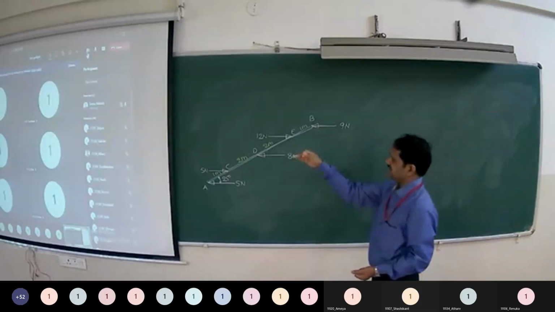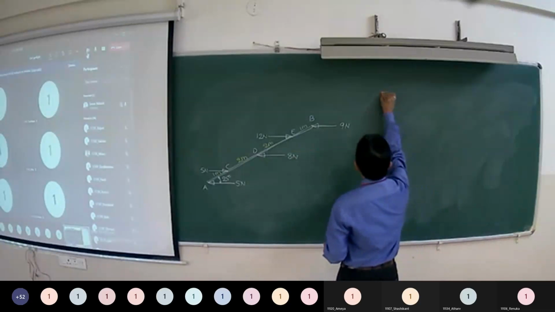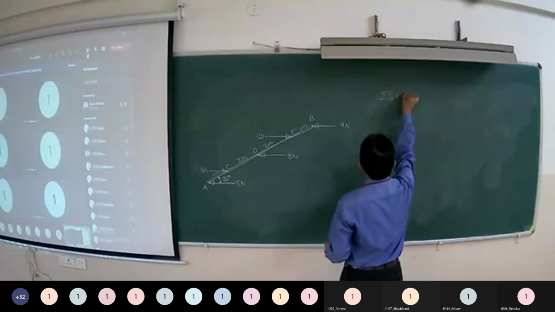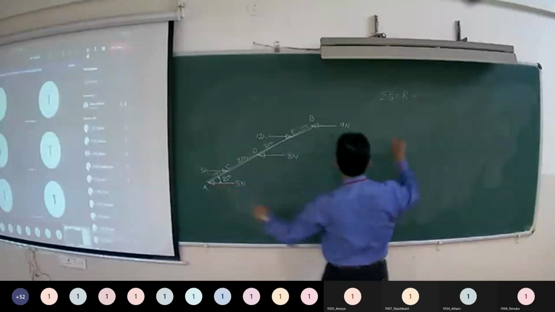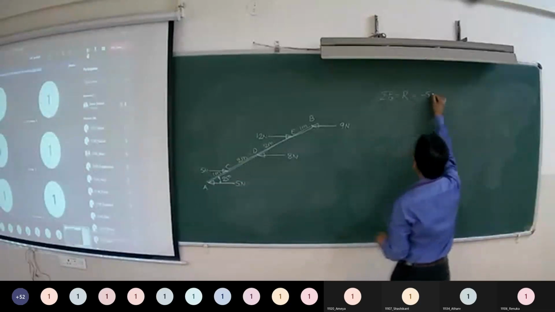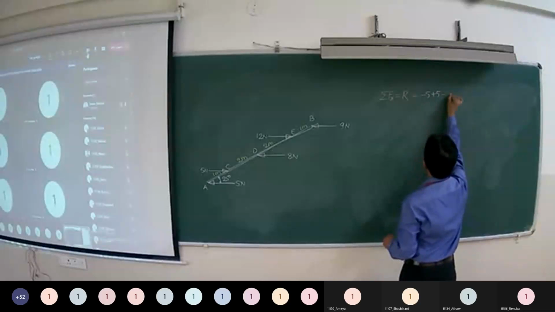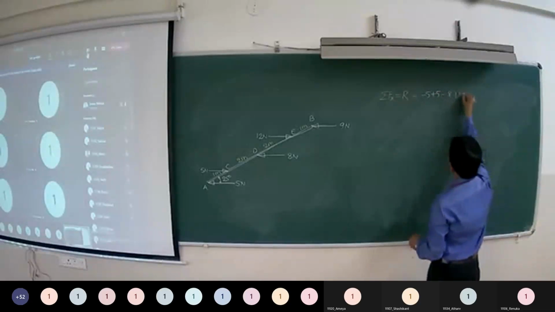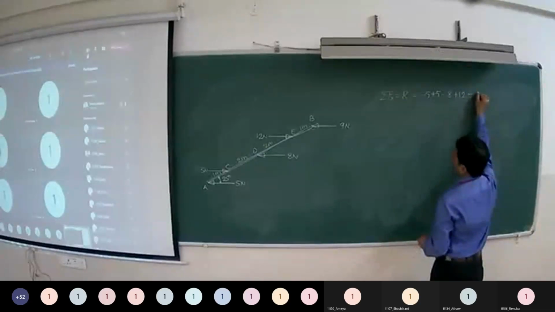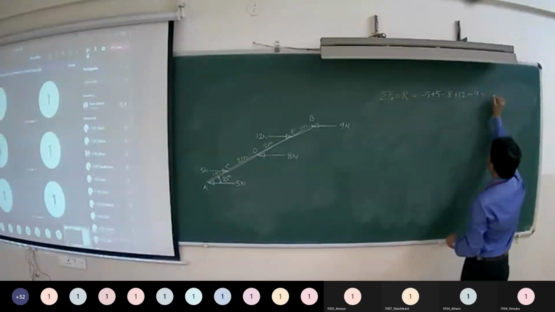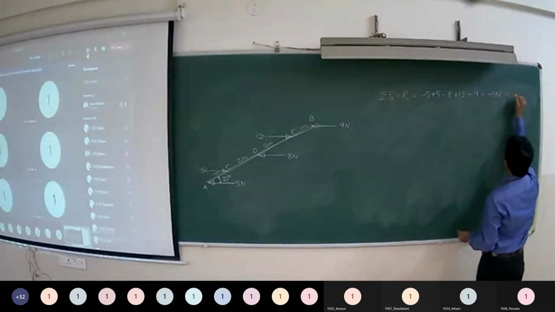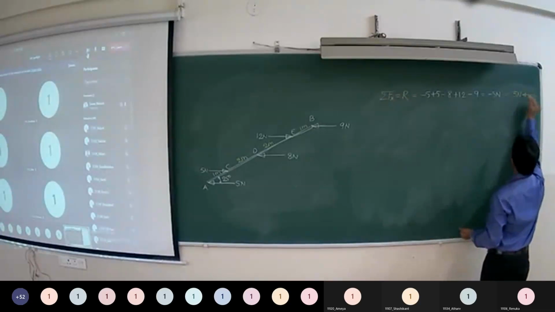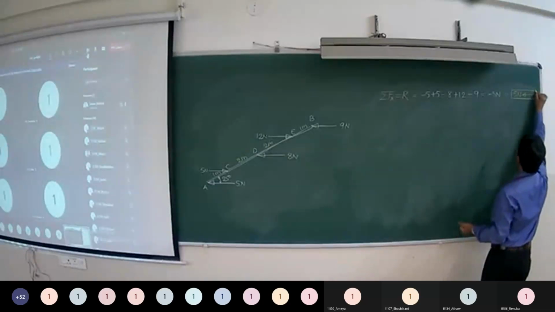Here all forces are acting in x direction. So summation Fx is equal to R is equal to minus 5 plus 5 minus 8 plus 12 minus 9. That is minus 5 Newton. So the magnitude of the resultant is 5 Newton, direction is horizontal, sense is towards left.